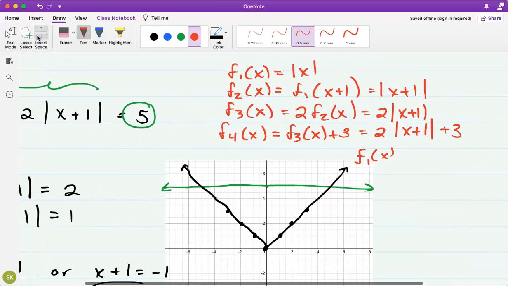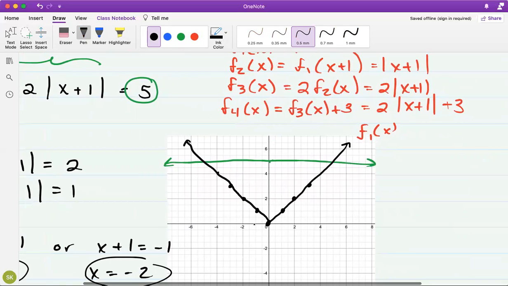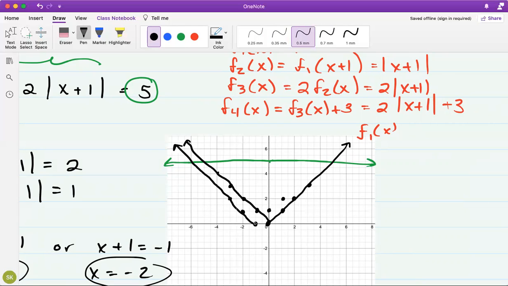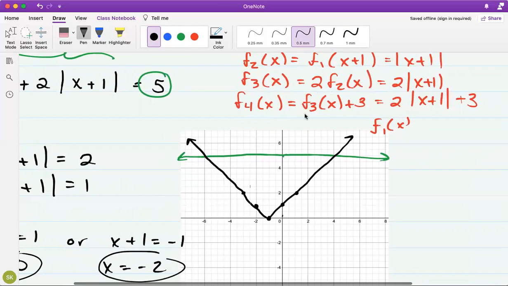Okay? So let's see. We move to the left 1. Okay, erase this original function. We stretch by 2.